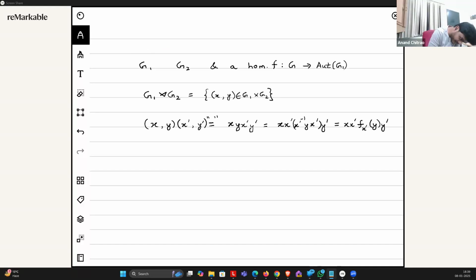The indices should be the other way around, G1, G2. This should be the other way around. And now I think it makes sense. Is that okay? Yeah. Just flip the indices. Sorry.